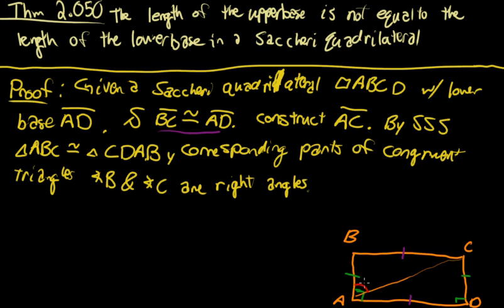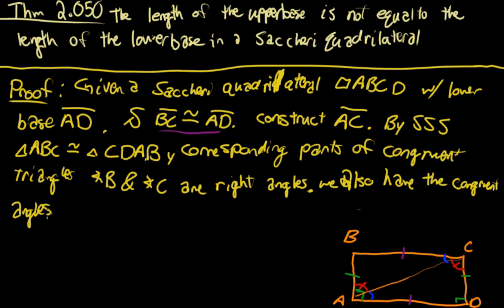We know this right here will be equal to this. And we also have this section equal to this section, or congruent or equal angle measures. We also have the congruent angles as drawn.